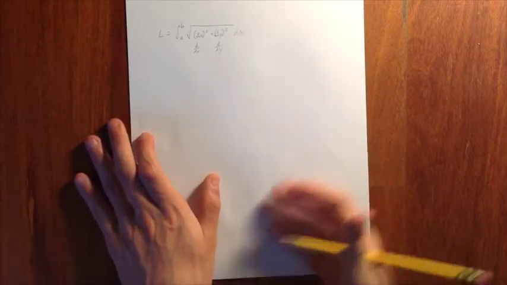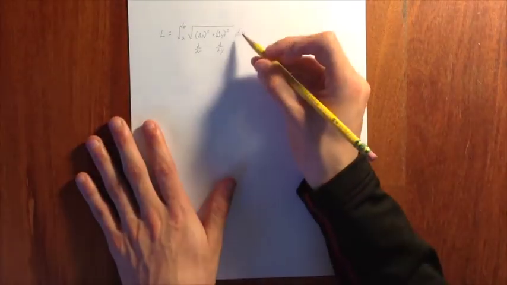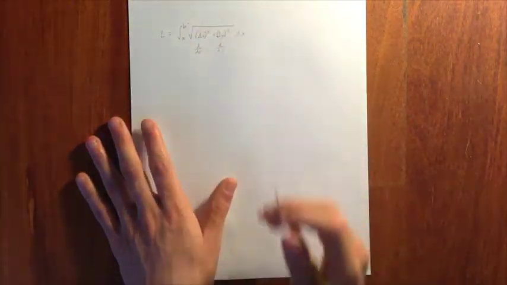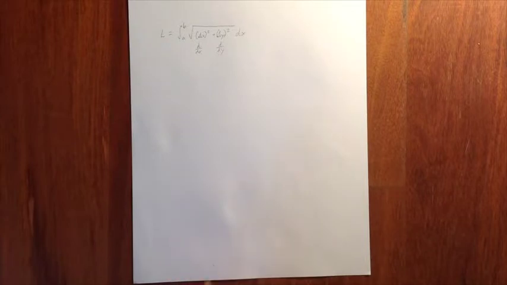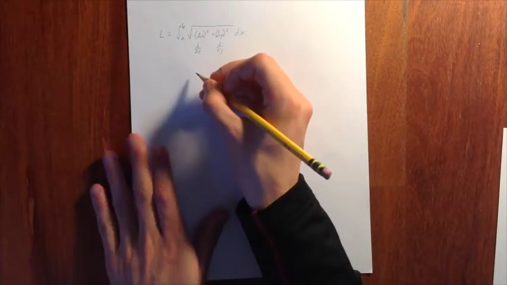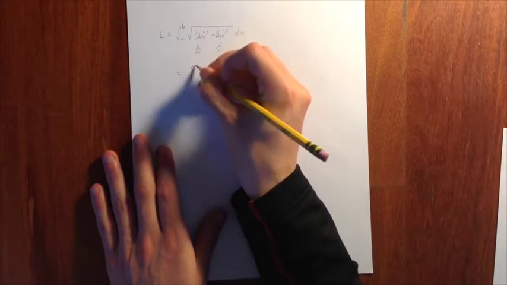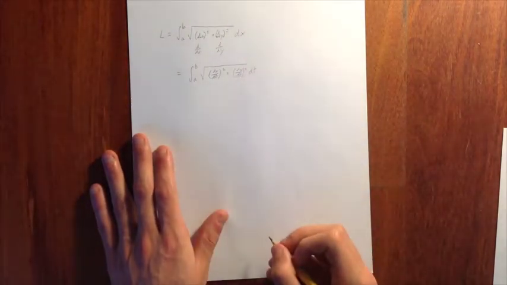With parametric equations, the difference is that we want this in terms of dt, and these a and b values, rather than standing for x coordinates, are going to be t values. So for parametric functions, it's the same idea.